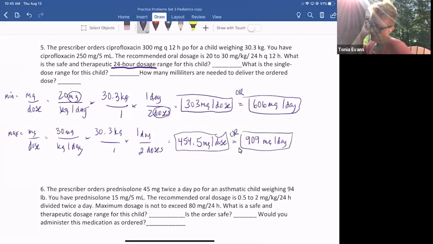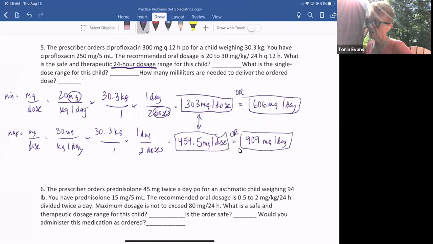All right, so we've got our 24-hour dose range or a single dose range, either one. How many milliliters are needed to deliver? Oh, I forgot to ask if that was safe. We've got 300 milligrams Q12 ordered. So 300 milligram dose is a little hair less than the lowest dose in our therapeutic range, which is fine.